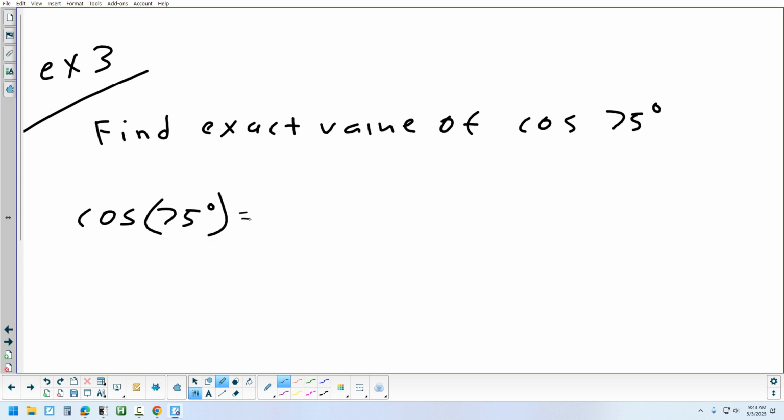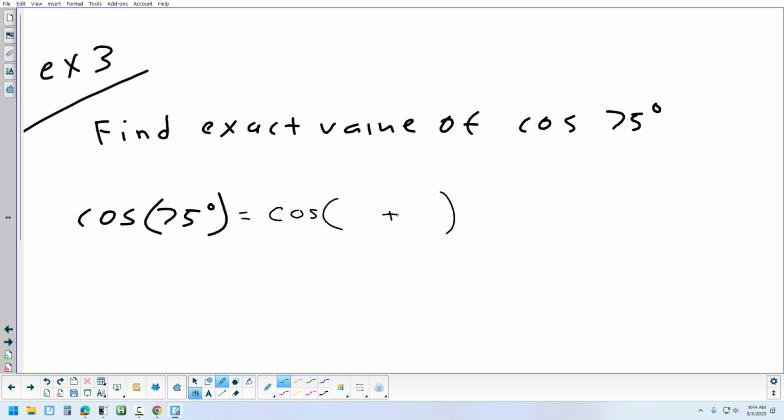So now, let's try this one. Cosine 75. Now, if you didn't know the sum formula, you could think of that as a difference. But I would like to try it as a sum. Anybody think they could tell me how I could break that up as a sum, but you have to use angles that are multiples of 30 and 45?